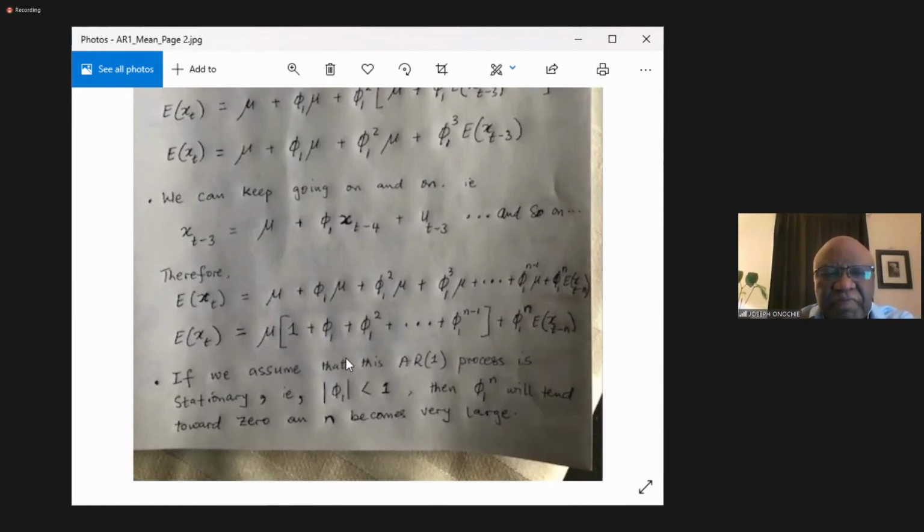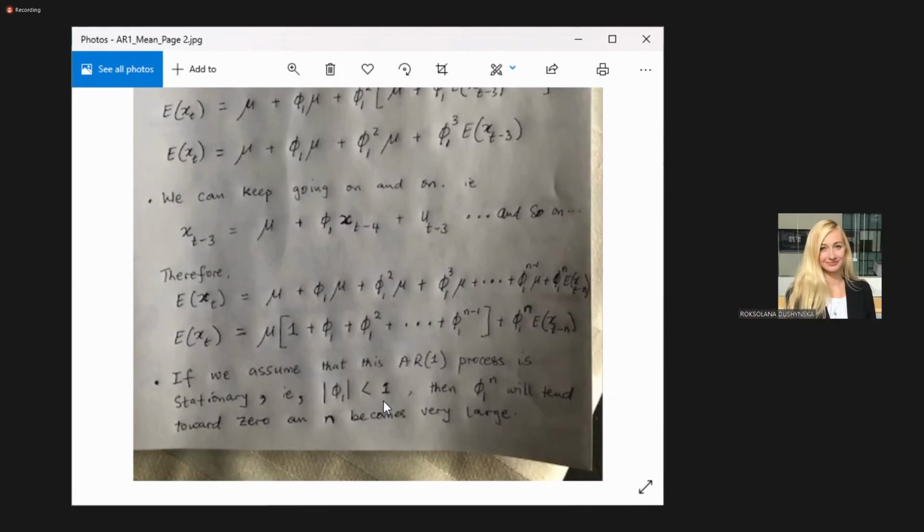So if we assume that this AR1 process is stationary, for it to be stationary, the size of this has to be less than 1. Who said that before? Somebody, when I showed you that example with 0.9 and minus 0.9, told me, therefore it is stationary.